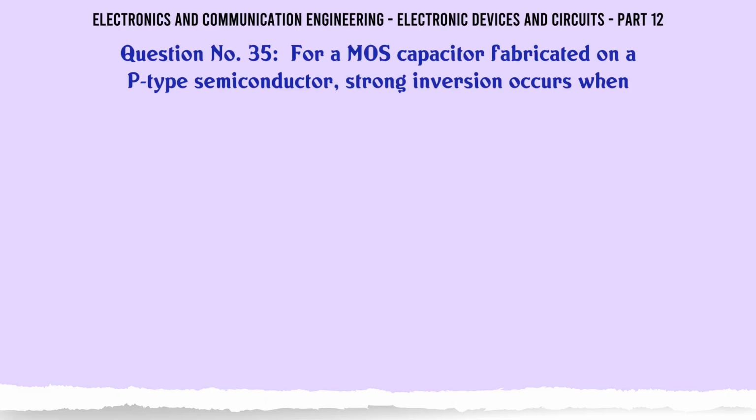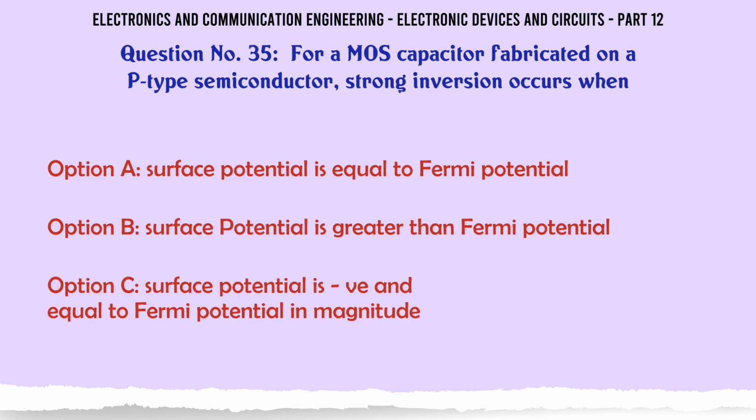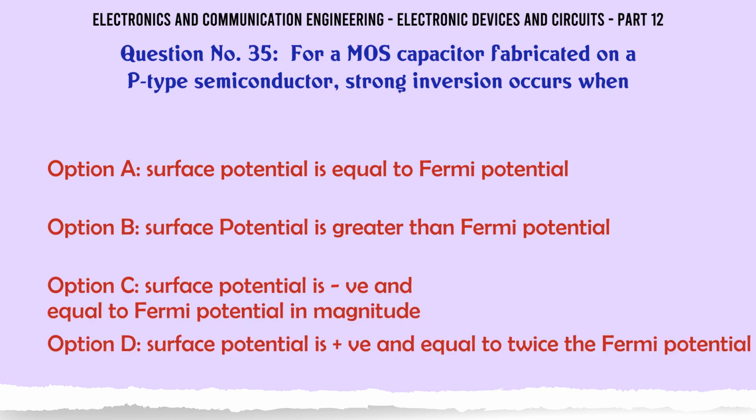For a MOS capacitor fabricated on a p-type semiconductor, strong inversion occurs when A) surface potential is equal to Fermi potential, B) surface potential is greater than Fermi potential, C) surface potential is equal to Fermi potential in magnitude, D) surface potential is equal to twice the Fermi potential.